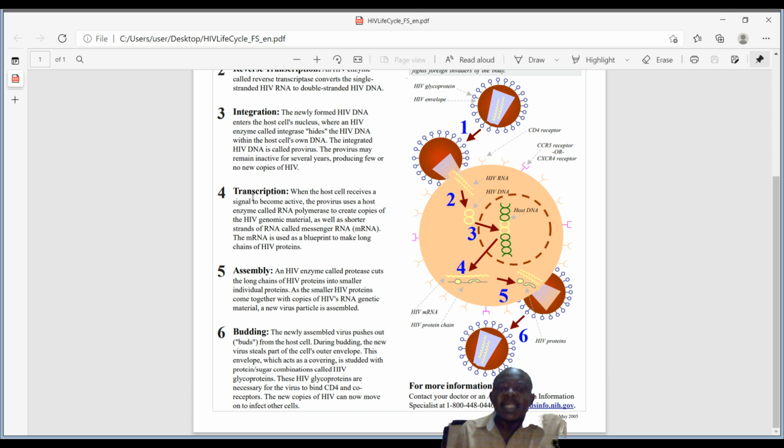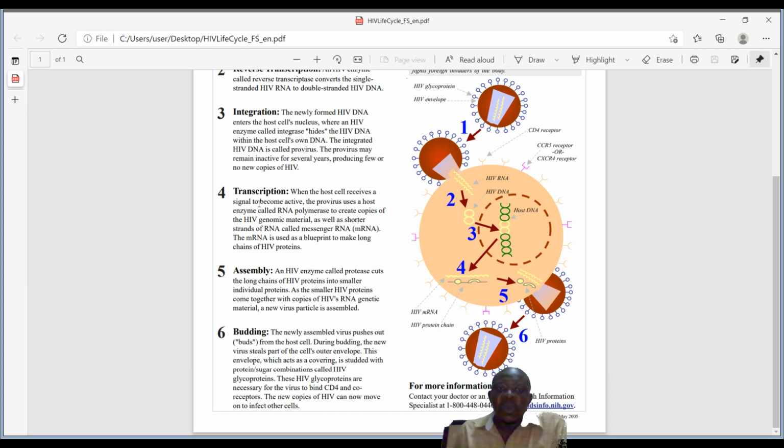So during the transcription stage, which is stage 4, we are looking at the cell receiving a signal to become active, and the main enzyme responsible for this is the RNA polymerase, because it helps to create copies of the HIV genomic material, as well as the making of shorter strands of RNA called messenger RNA.